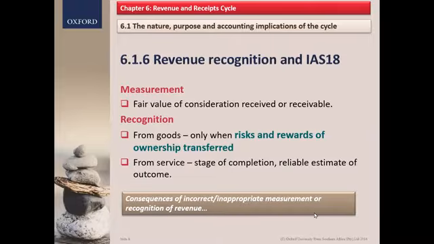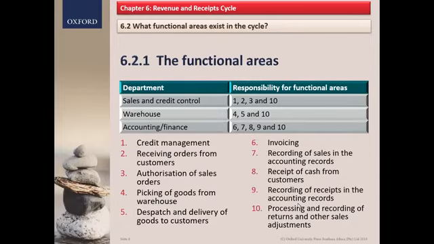So we've spoken about consequences of incorrect or inappropriate measurement. Right, this particular cycle has functional areas that we need to look at. The functional areas that we'll find in this cycle will be credit management, the purpose of which will be ensuring that credit applications are assessed and credit is only extended to credit-worthy customers.